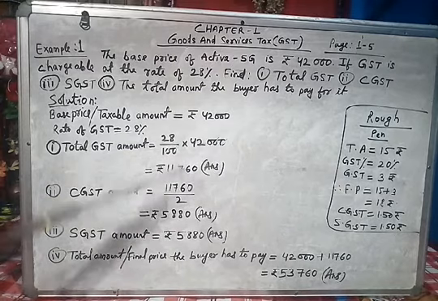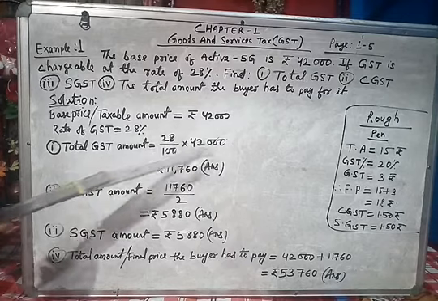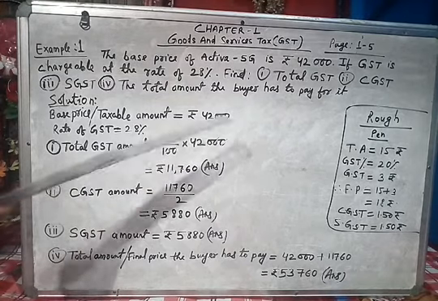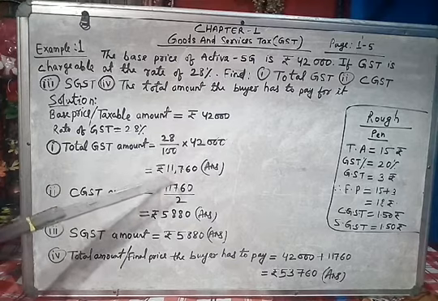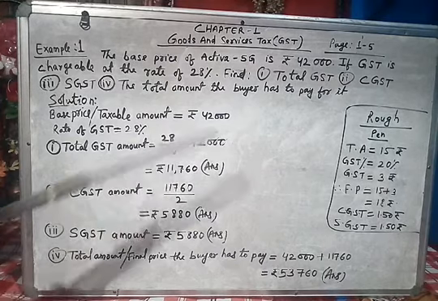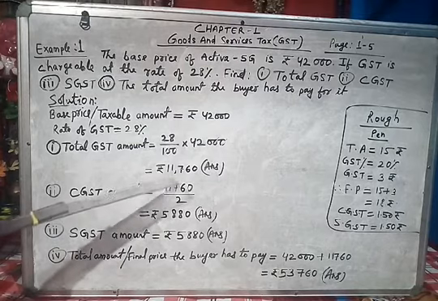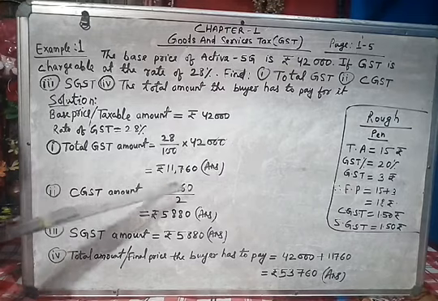Why 42,000? Because 28% tax is on 42,000 rupees. So we multiply by 42,000. Now if you cancel the zeros, 42 into 28, the final answer is 11,760.